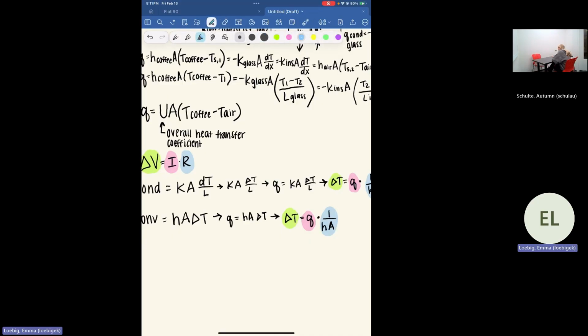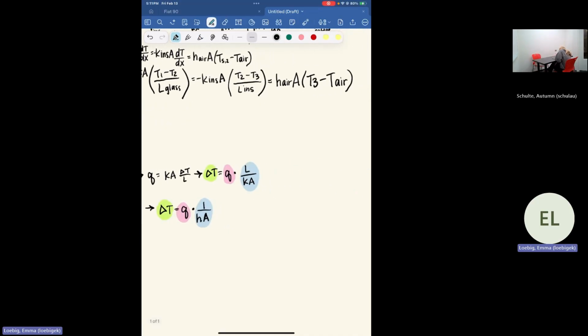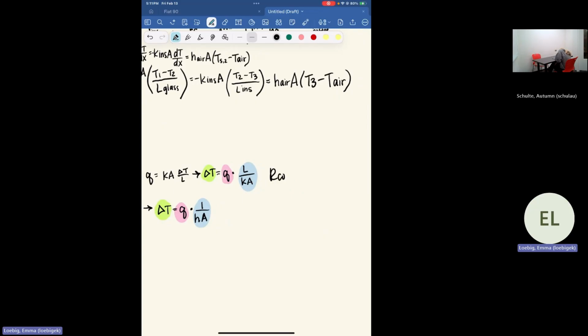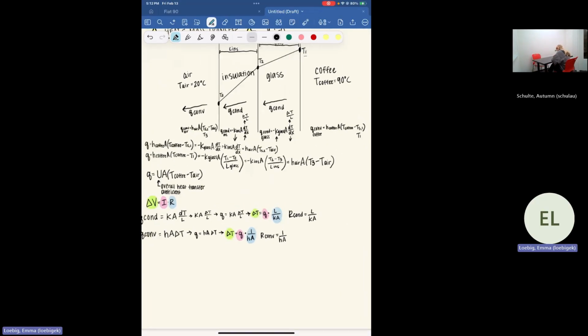Therefore, we can say that the resistance for something experiencing conduction, heat loss by conduction, is going to be the thickness over the thermal conductivity multiplied by the area. Whereas our convection terms for resistance are going to be 1 over our heat transfer coefficient multiplied by the area.